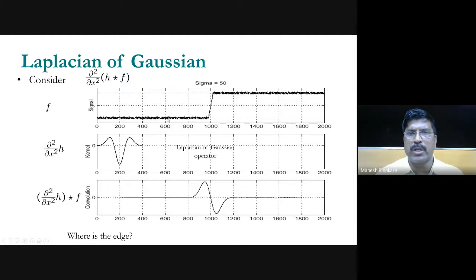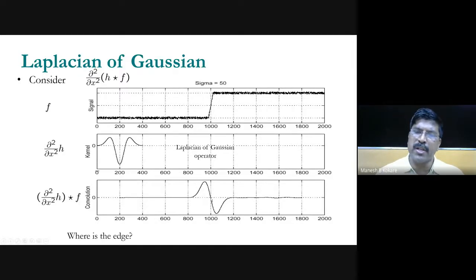Now this is your original edge profile, which is corrupted with noise, and this is the Laplacian of Gaussian operator. You convolve this kernel with the signal, that is, the Laplacian of Gaussian convolved with the signal f. Now you get this kind of output.